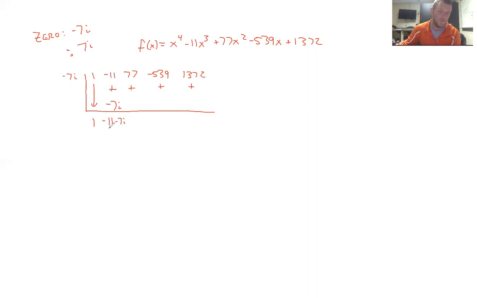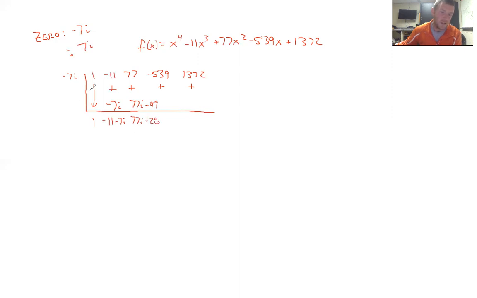Now you just FOIL. Negative 11 times negative 7i is 77i. And then negative 7i times negative 7i is positive 49i squared. But remember, i squared is negative 1, so this should become minus 49. Add that to 77, and I should get 77i plus 28.